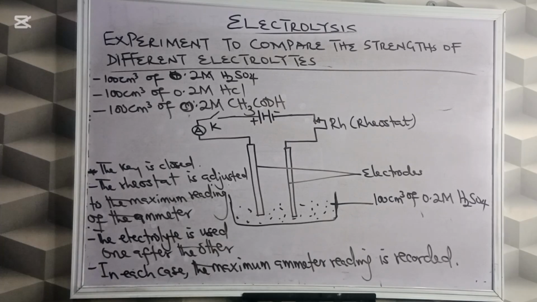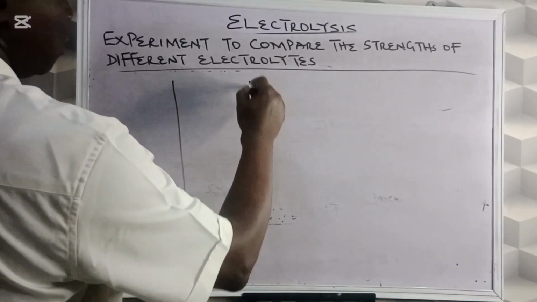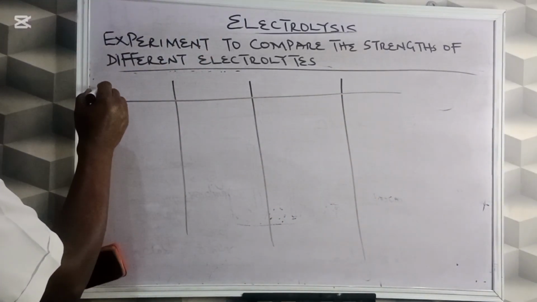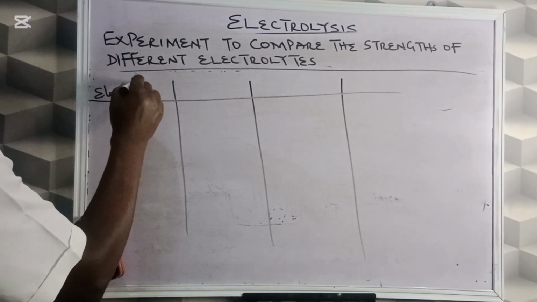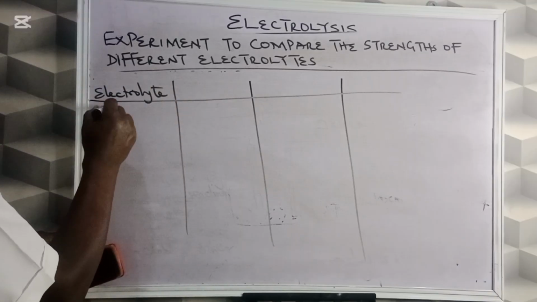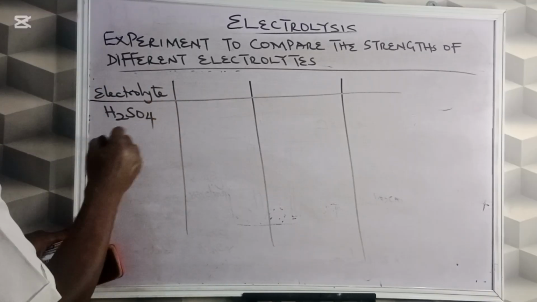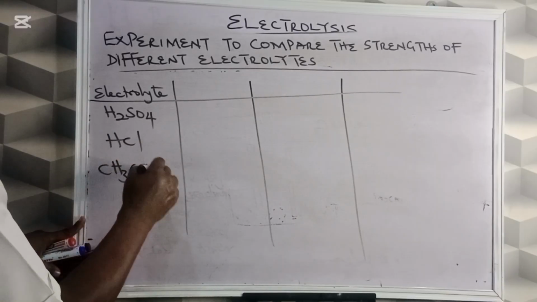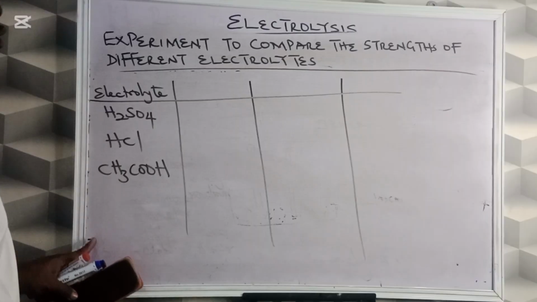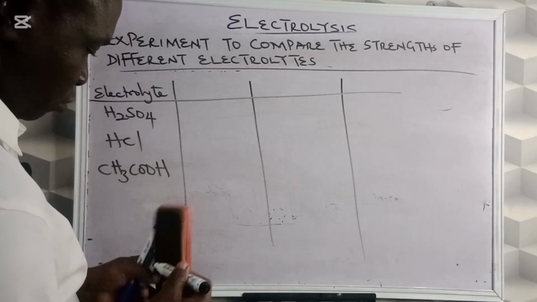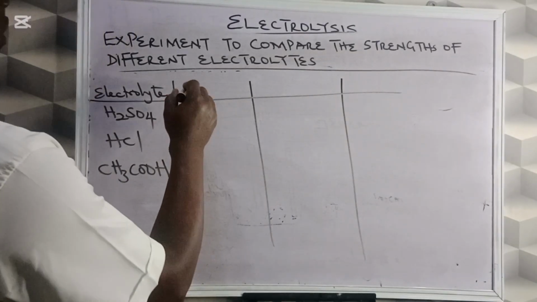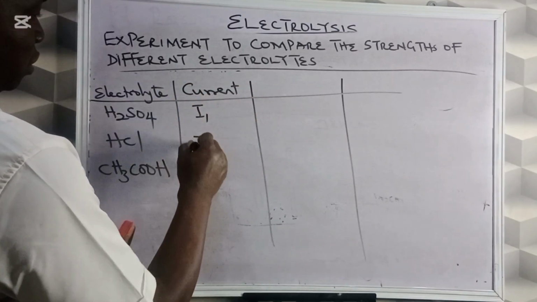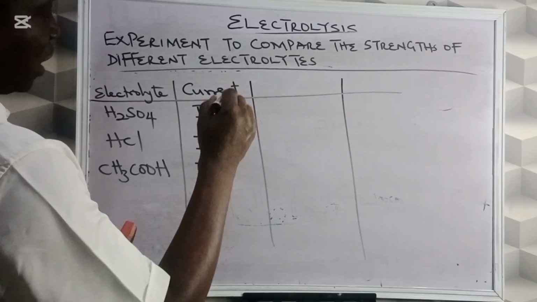Then let's see how the table will look. We have the electrolytes here: when you use H2SO4, when you use HCl, and when you use ethanoic acid, CH3COOH. Let's see the maximum current, the current that flows. Let's call this I1, this I2, this I3.